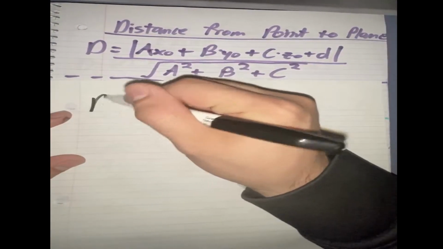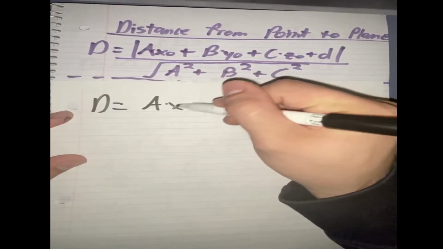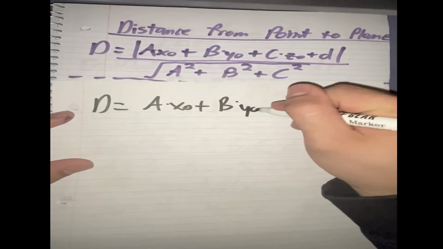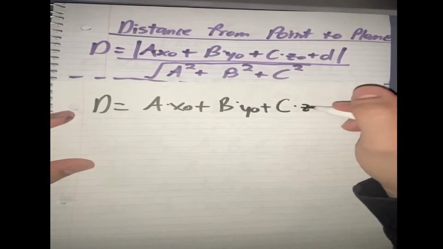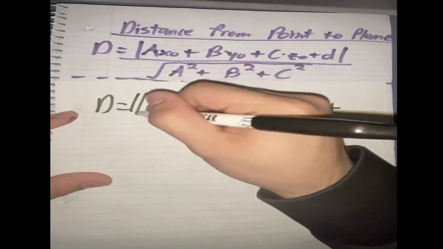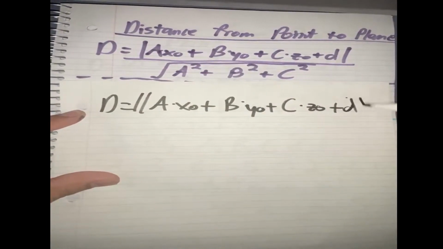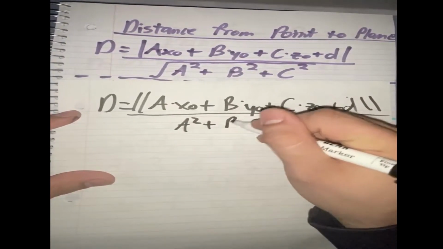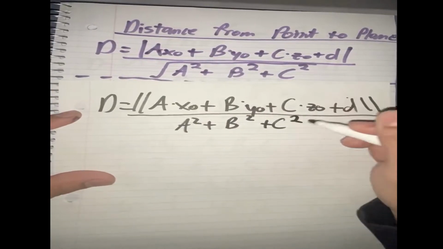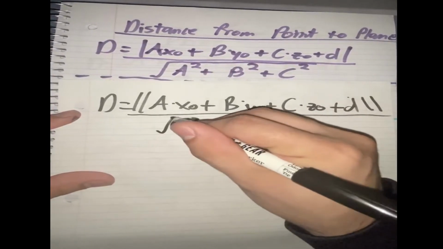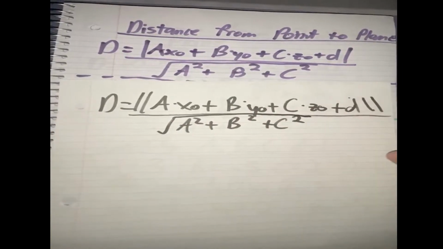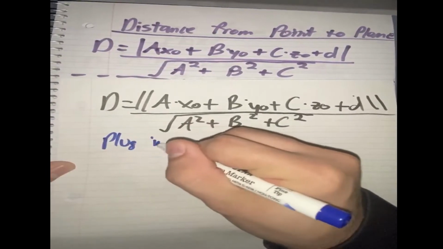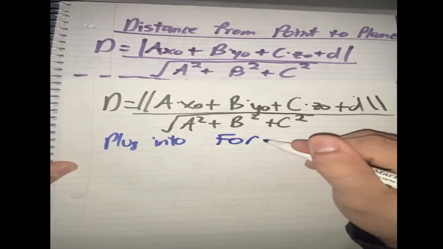So our D is equal to the absolute value of A times x naught plus B times y naught plus C times z naught plus D, divided by the square root of A squared plus B squared plus C squared. I put these bars to indicate absolute value. So then our final step would be to just plug into the formula.